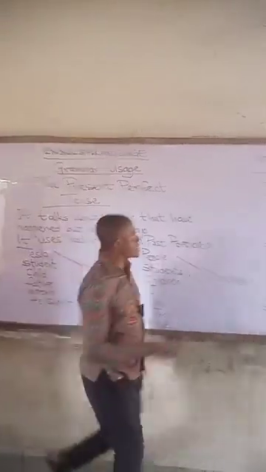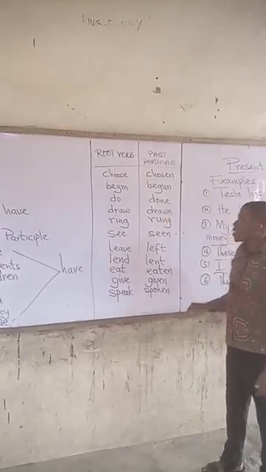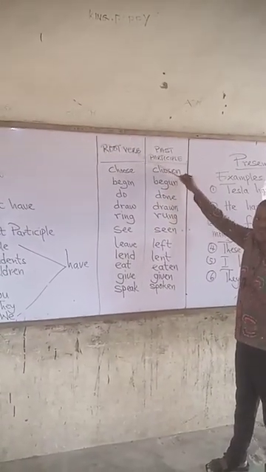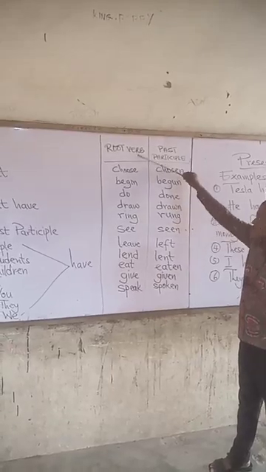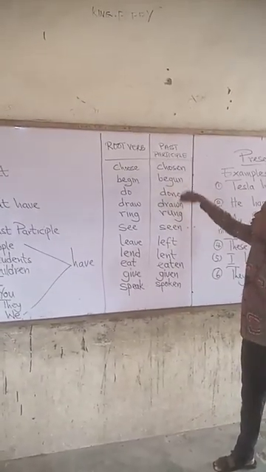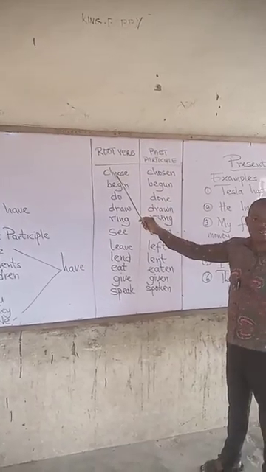Now, let us look at some of the examples of the root verb on the board. Basically, when I say a root verb, it's just infinitive verb, the verb that is not connected to number or person. So, we have examples on the board. The first one is choose.